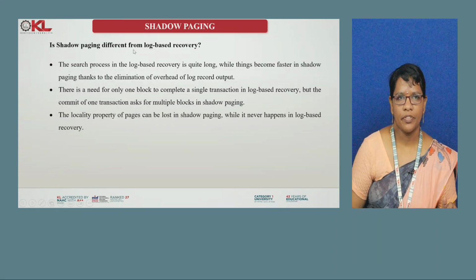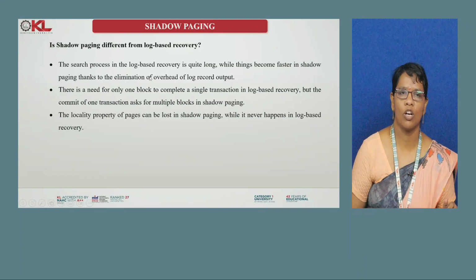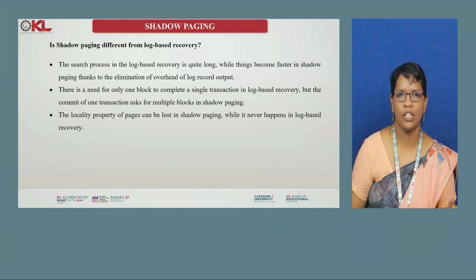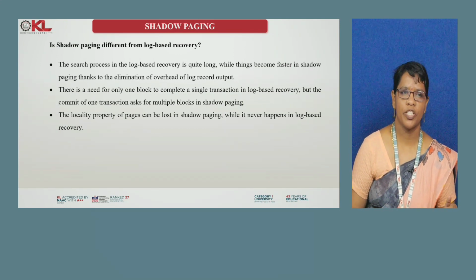The search process in log based recovery is very long, because if you have 500 logs and want to search for one of them, it becomes difficult. Things become much faster in shadow paging, which eliminates log record output. That is the main advantage, which we also saw in the advantages of shadow paging.